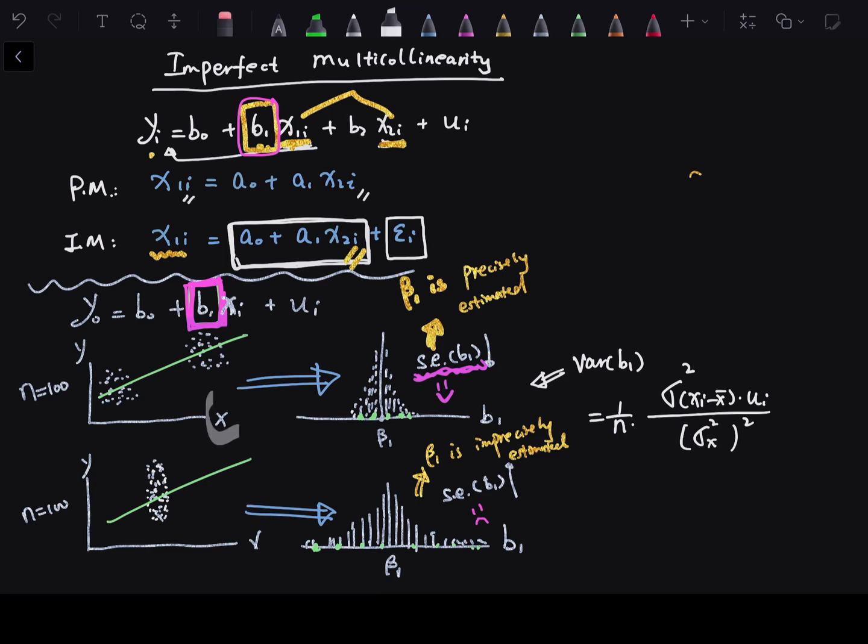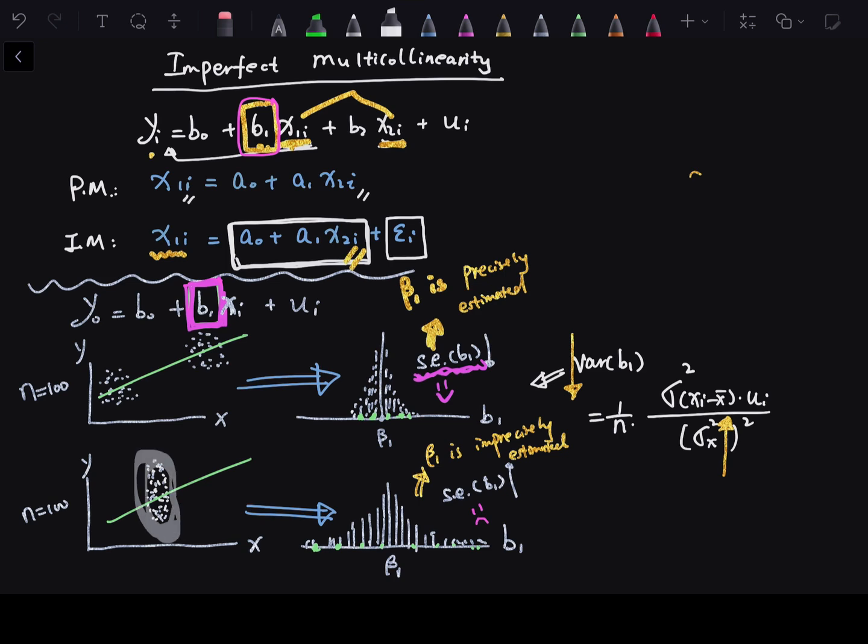Okay, you see, when the standard deviation of x is large, that means the denominator is large. When the denominator is large, a value divided by a large value makes the variance of B1 smaller, and taking the square root, the standard deviation of B1 will become smaller. So the larger the variance of x, the smaller the standard deviation of B1.